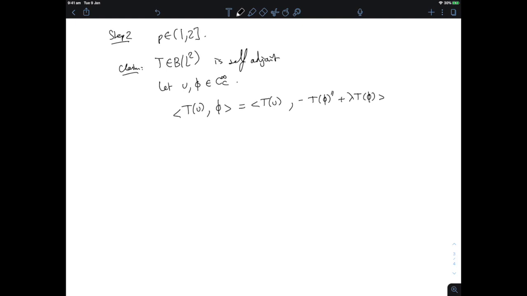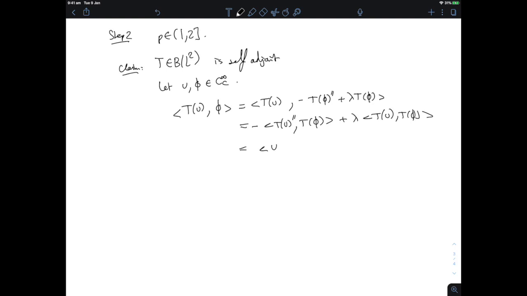Now, use the definition of weak derivatives, which corresponds to strong derivatives by integration by parts in this case, and you get that this is minus (Tu)'' applied to T phi plus lambda Tu applied to T phi. But minus (Tu)'' plus lambda Tu is equal to u, because Tu is a solution of the corresponding equation.